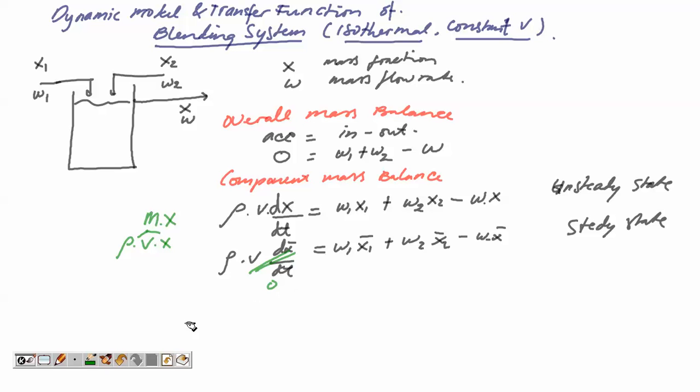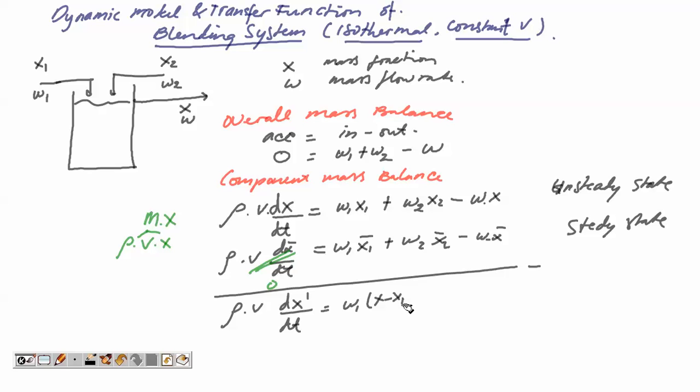So we subtract: rho V dx prime over dt, where x prime is x minus x bar, equals W1 times (x1 minus x1 bar) plus W2 times (x2 minus x2 bar) minus W times (x minus x bar).